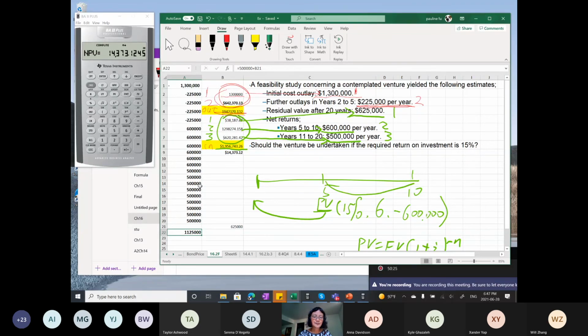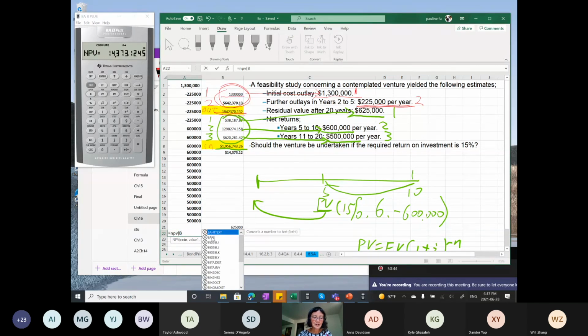I did something wrong. So you type in equals NPV. The rate is 15%; in Excel you have to type in the percentage, 15%. When you calculate the value, do not use the initial cost. So start with A2 until the last one.